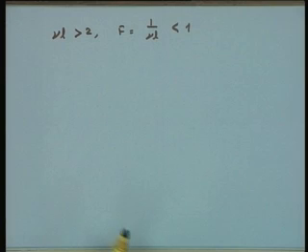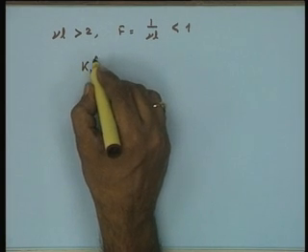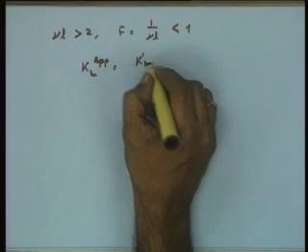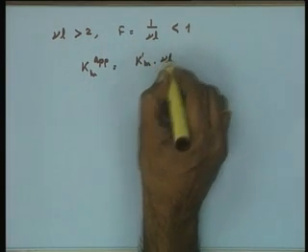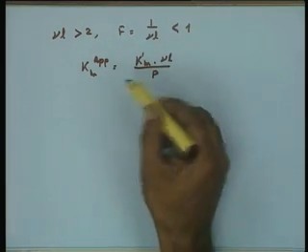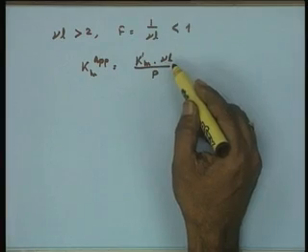When the magnitude of gamma L is greater than 2, you can safely take it that the reaction is diffusionally limited, and your Km apparent is equal to, as I mentioned, K dash m into gamma L upon P, which essentially means Km apparent increases by a magnitude of gamma L.